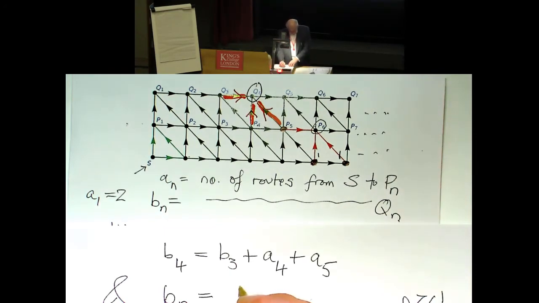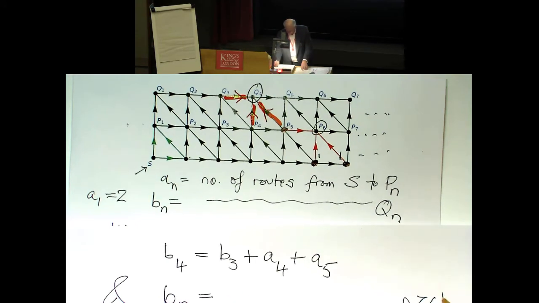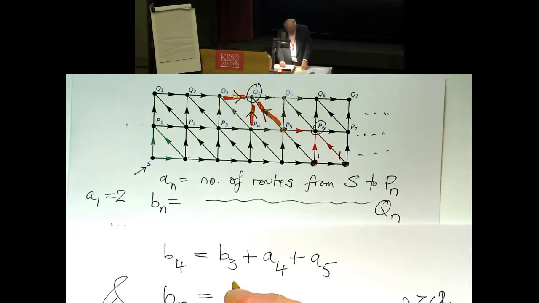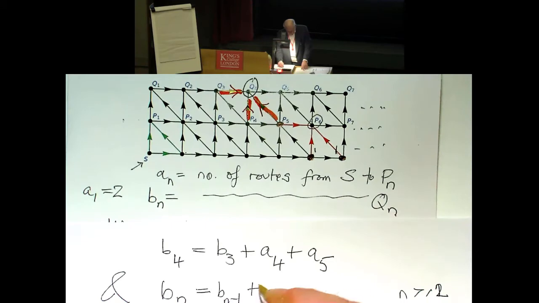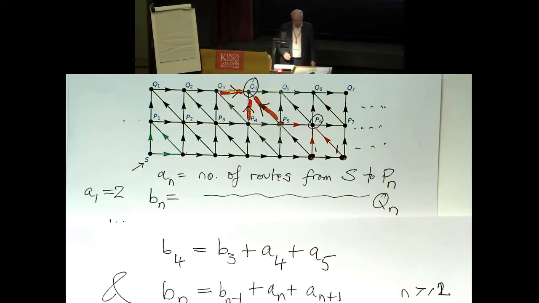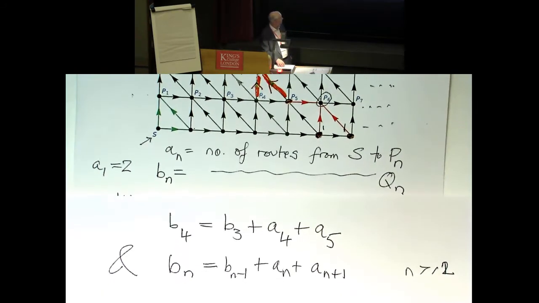I need probably two here, because I've got to be able to go back one. So it's going to be Bn minus 1 plus An plus An plus 1. That's going to be the general form of the recurrence relation for the B's.